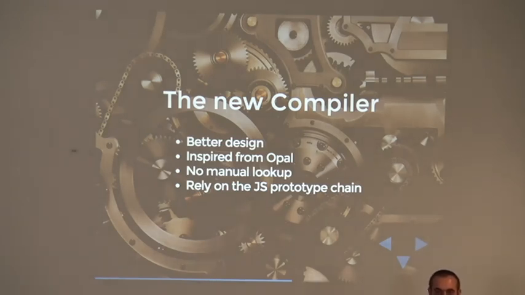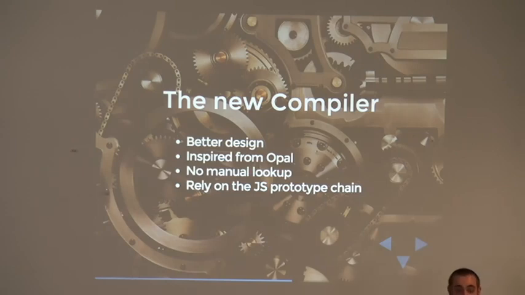Also, for inheritance, we now rely entirely on the prototype chain of JavaScript with a few exceptions. Which means that at runtime it doesn't change anything, but the bootstrap, because each time you load Ember in a page, it bootstraps itself from source code, is much faster, because we only create prototypes that are seen as classes on the Smalltalk side.